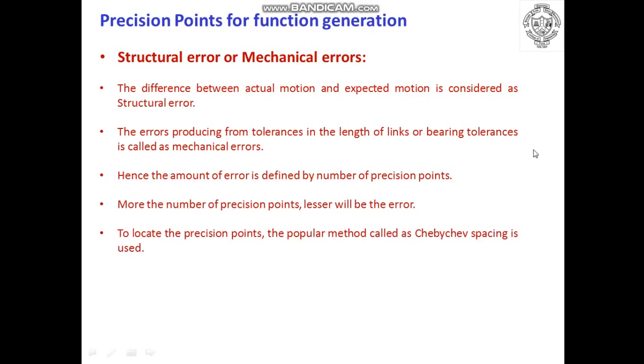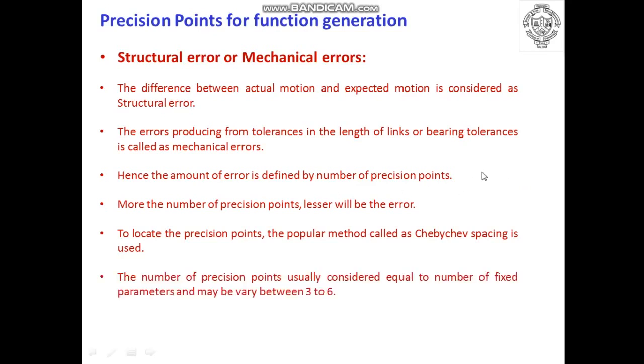Hence, to locate the precision points, the popular method called the Chebyshev spacing method is used. The number of precision points is usually considered equal to the fixed number of parameters, and it may vary from 3 to 6.